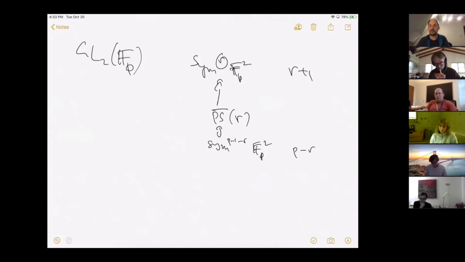There are intertwiners between principal series. So the principal series, which in my notation will be principal series p minus 1 minus r, is the same representation. But if I reduce that mod p, I get a different picture.